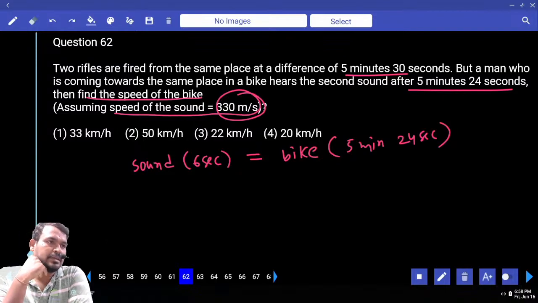Sound traveled in 6 seconds of distance, it is also equal to which one? Bike traveled 5 minutes 24 seconds distance.